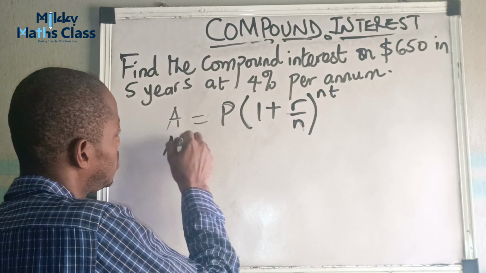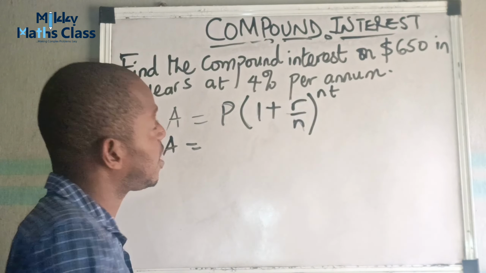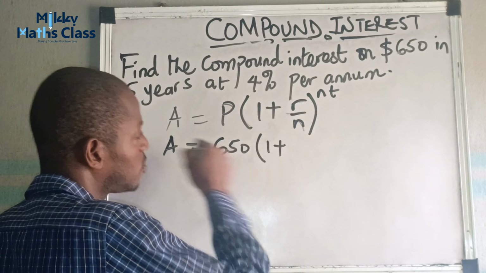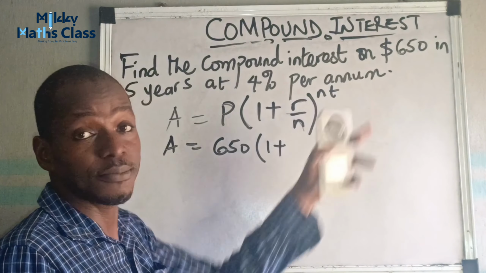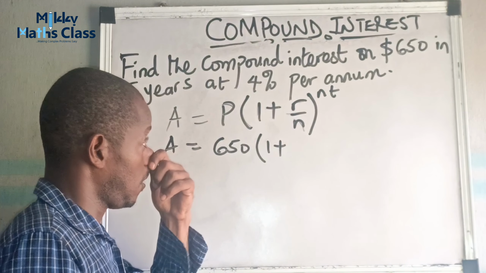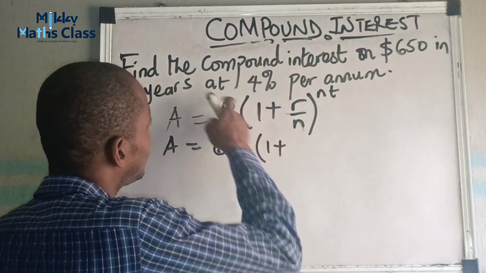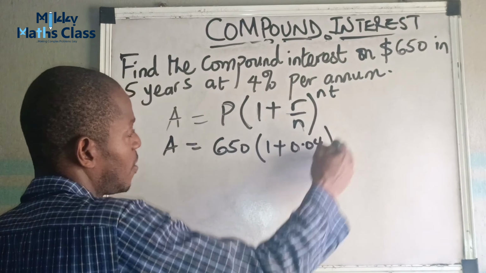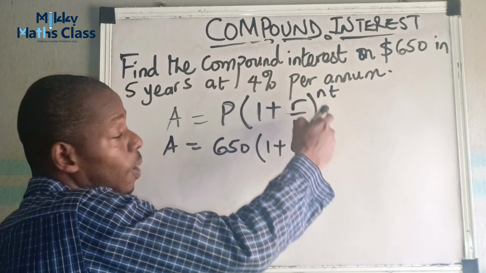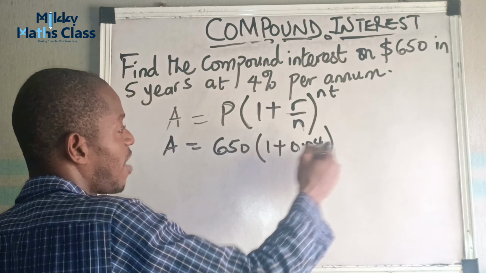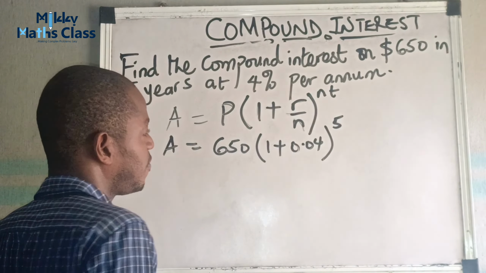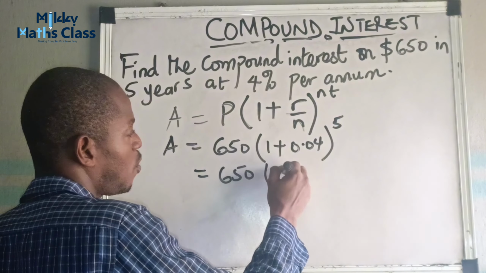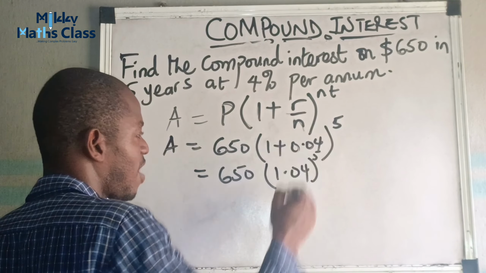So from here we know that our amount will be equals to, the principal is $650, so that's 650 into bracket 1 plus, since this is per annum, that means it was compounded annually. So our R is 4%. That's 0.04 over 1 times our N is 1 times the number of years is 5. So 1 times 5 is 5. So this is 650 into bracket 1.04 raised to the power of 5.